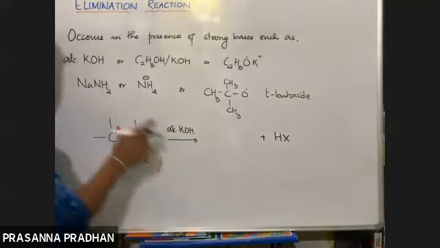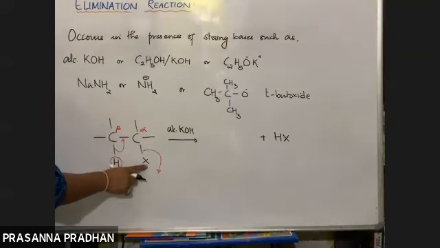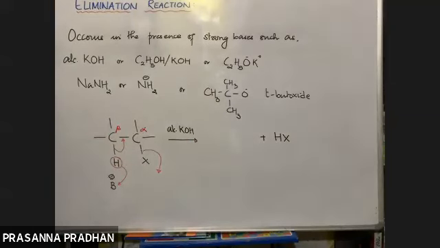And since beta hydrogen is lost, this type of elimination reaction is also known as beta elimination. Why beta elimination? Because the beta hydrogen is lost.